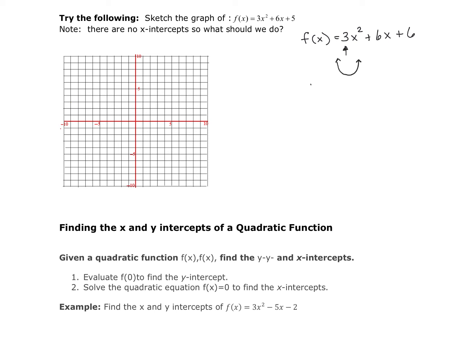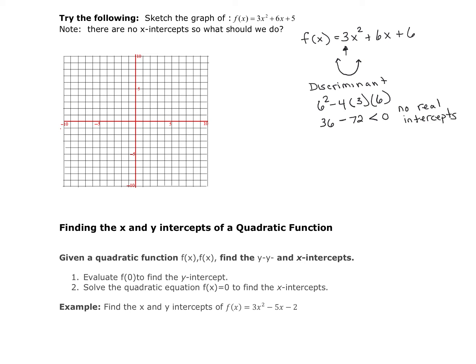If I want to know the nature of my solutions, I can look at the discriminant, which is b squared minus 4 times a times c, and I'll get 36 minus 72, which is less than 0. So this means there are no real intercepts.